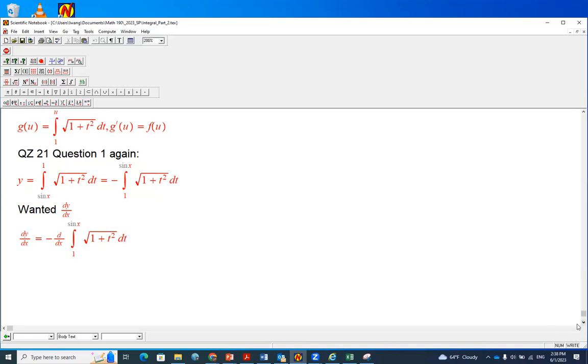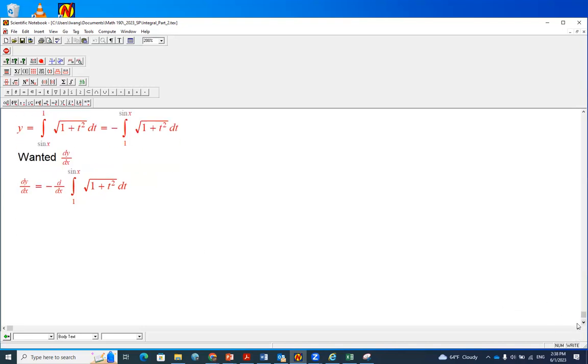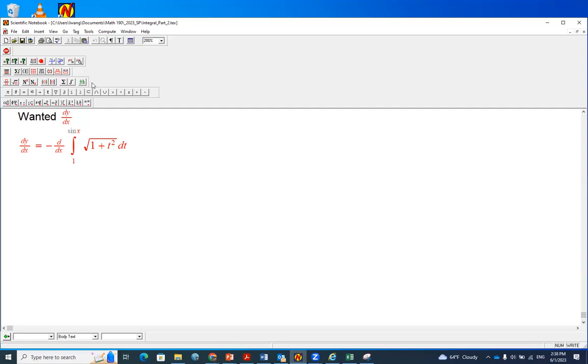What I would do is introduce a g of x. G of x is this piece. This is my x. And as a result, this piece is taking the derivative of g of sine x.